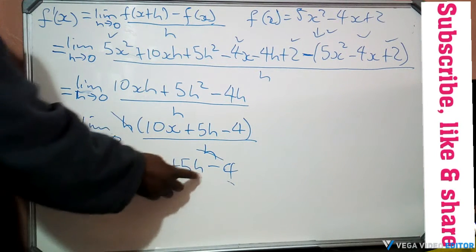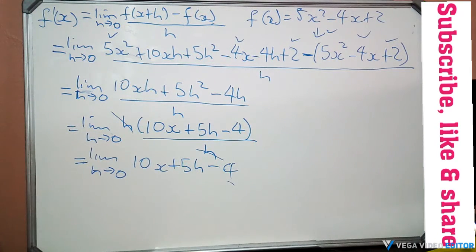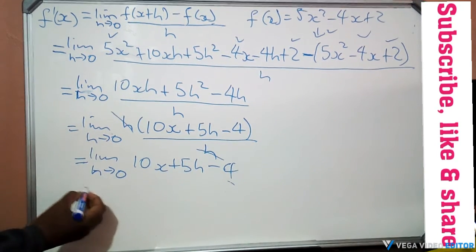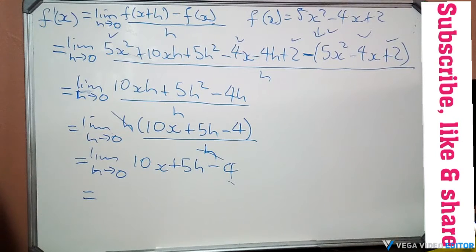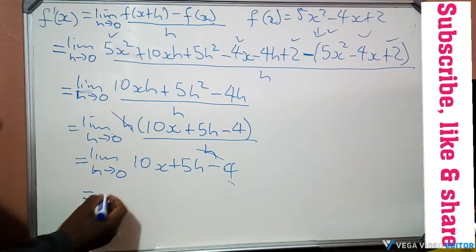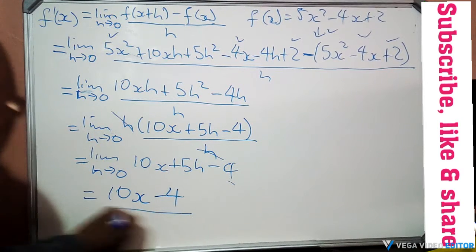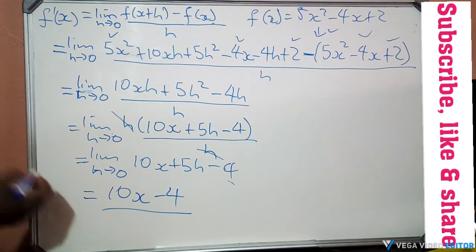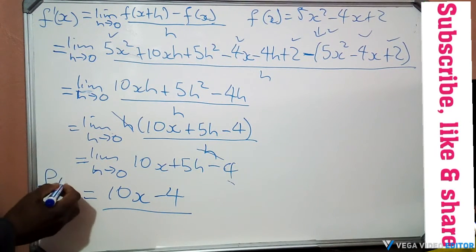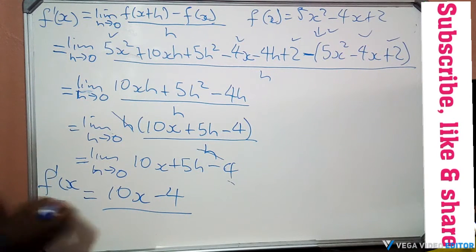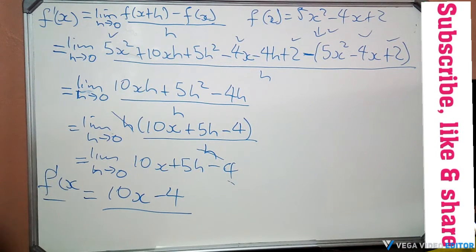Put a 0 where there is h. 0 times 5 is 0. So our derivative there is 10x minus 4. All right, so 10x minus 4 is the derivative of f of x.